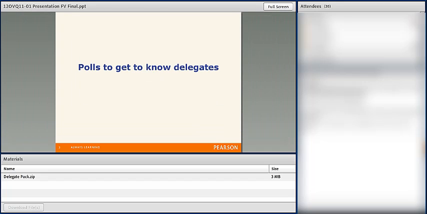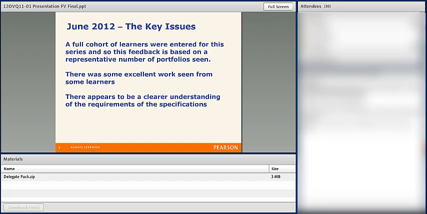Thank you. So, it's always quite good to look at what happened last year to prepare well for next year. So if we look at the key issues from June 2012 for Unit 2, first of all, there was a full cohort of learners, and that's quite important because it means that the feedback that we can give you is based on a representative number of portfolios. We actually saw quite a lot of portfolios.